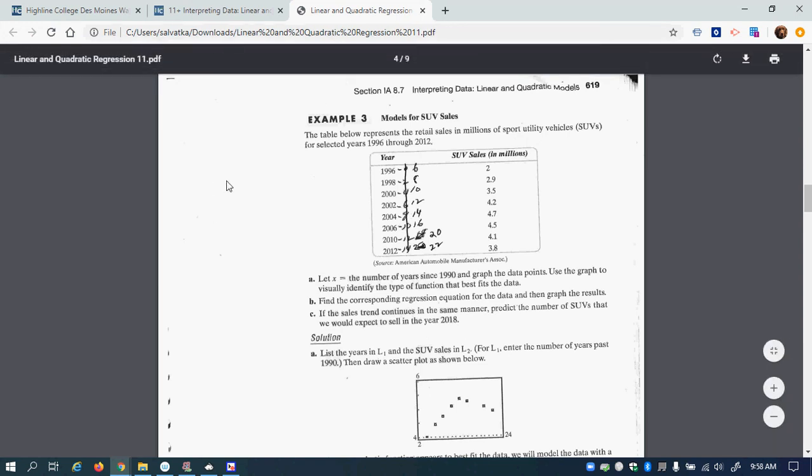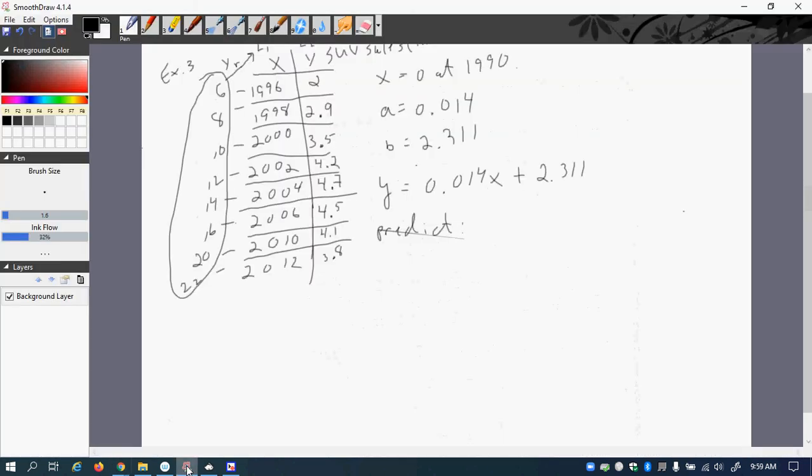So we go back to the board. Here is 2018. This was 22, so the difference between these two is 6, so this has to be 28.